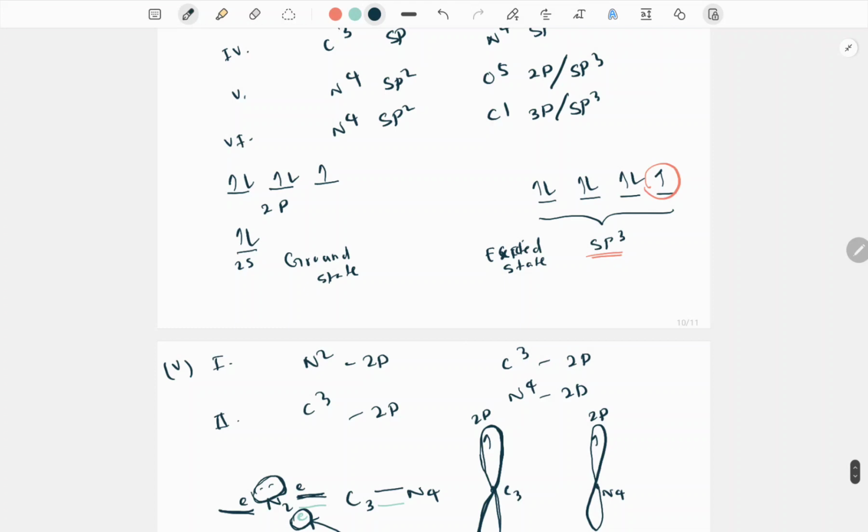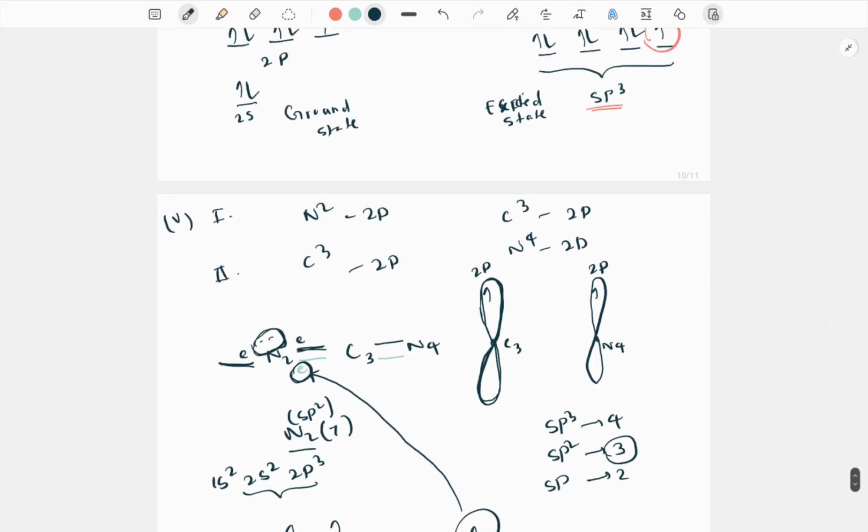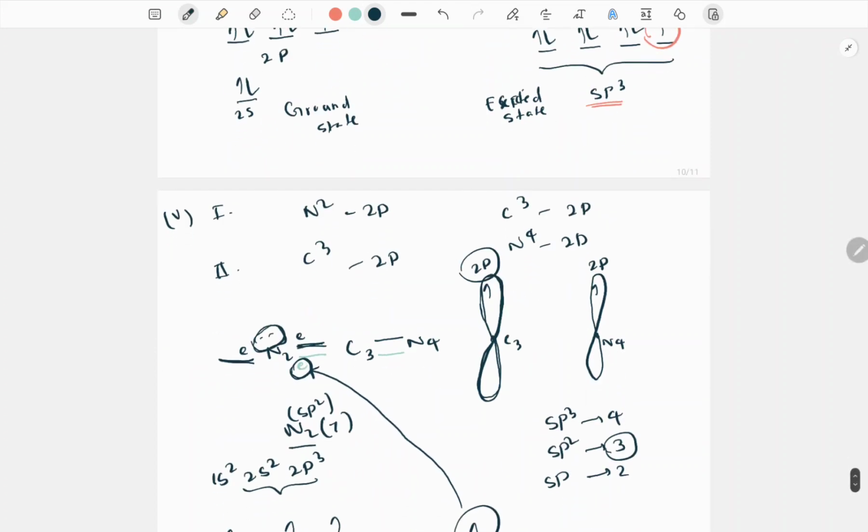Therefore, there should be 2 unpaired electrons in 2 separate atomic orbitals. This is one. Another one would also be there. I am drawing it in a separate color like this. And that electron is present like this.